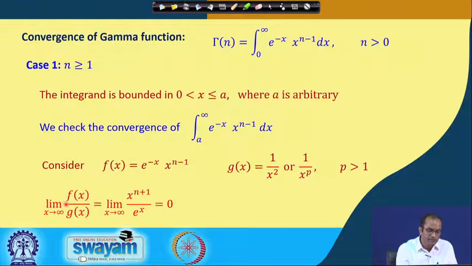So, if we take this limit f x over g x as x approaches infinity, what we will get here, suppose we have taken this x square. So, this x square will be multiplied here with x power n minus 1. So, we have x power n plus 1 and we have e power x.